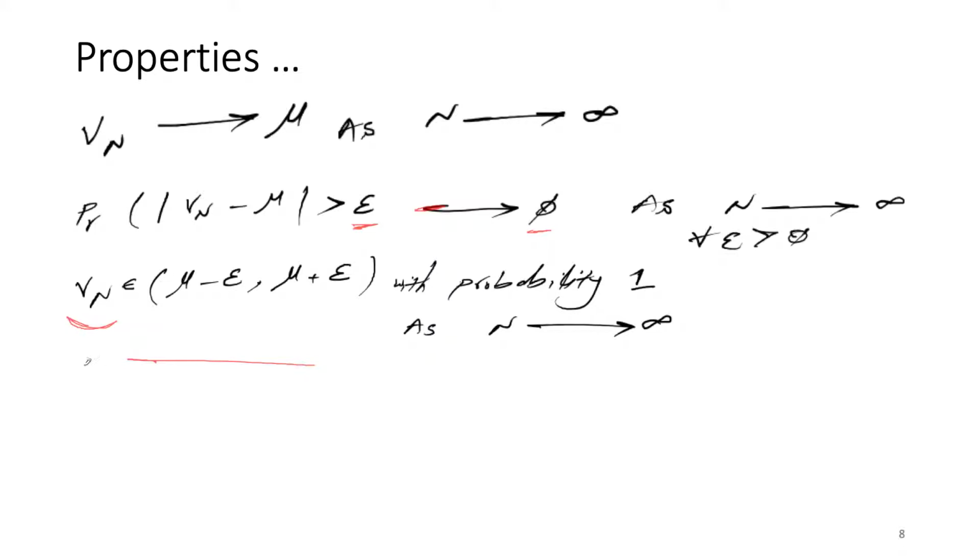So if this was your mu line, just like the previous example, we can expect that the Vn would be around this value, mu minus e, or mu plus e, right? In this range. And we are sure that this will happen because the probability of this is going to be 1 as n goes to a very large number.